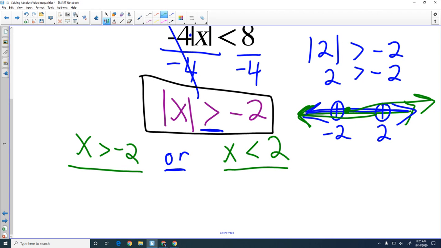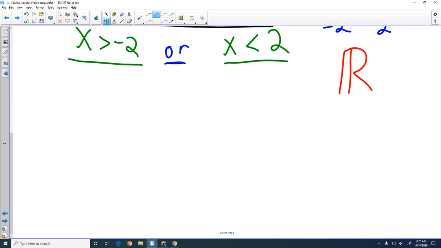And so if you do recognize this, which again won't happen that often, we can actually just write another fancy symbol that looks like this. This is a fancy R, and it stands for all real numbers. It basically means I can plug anything into my original inequality, and it'll work. It's every real number in the world.